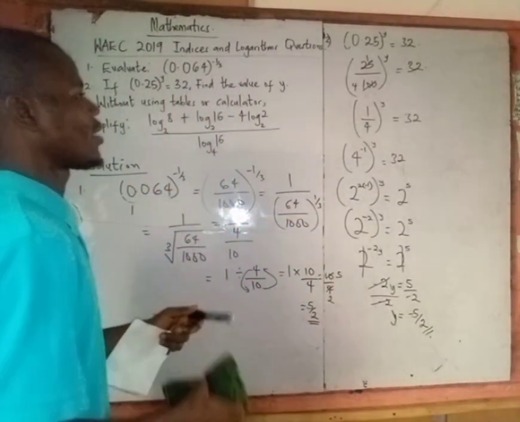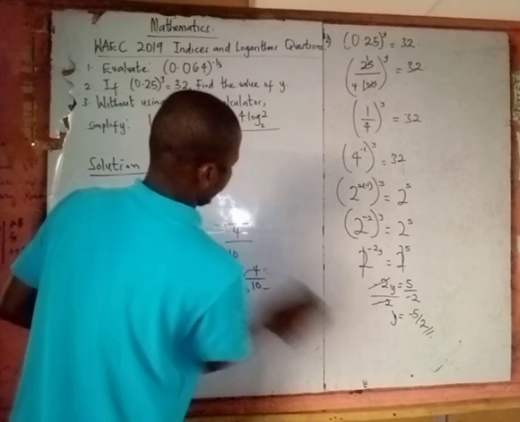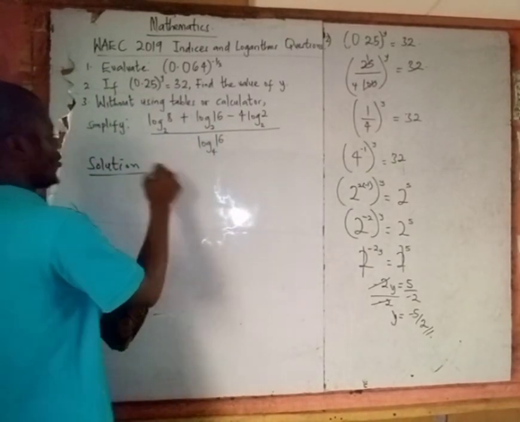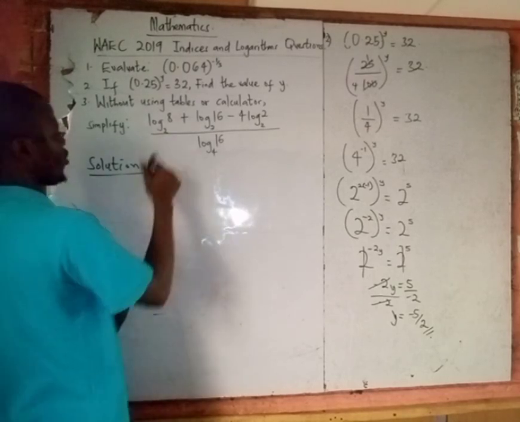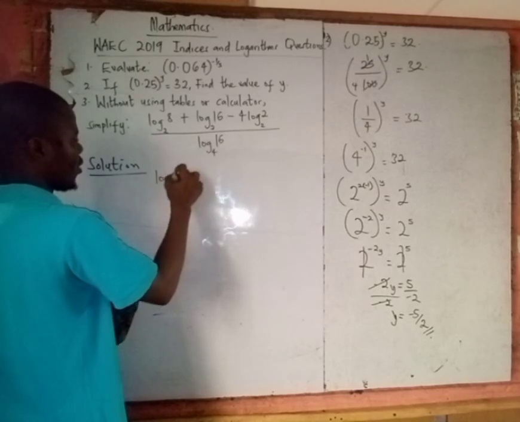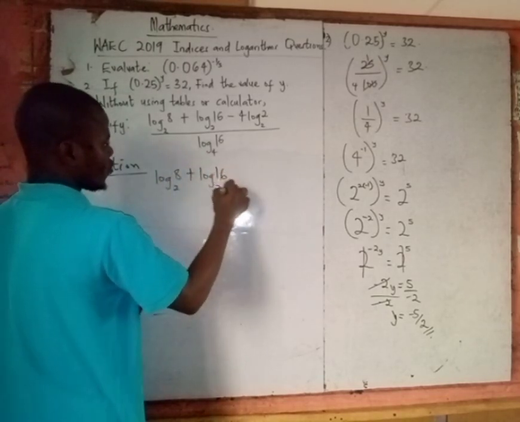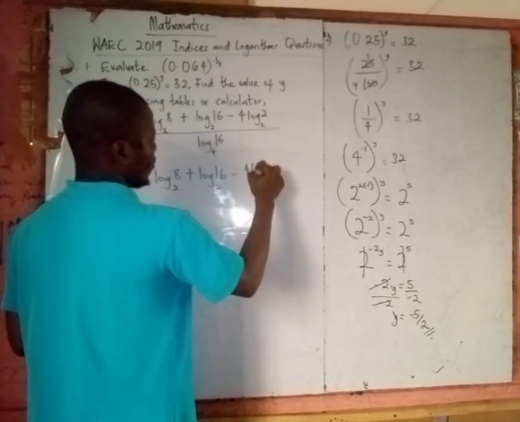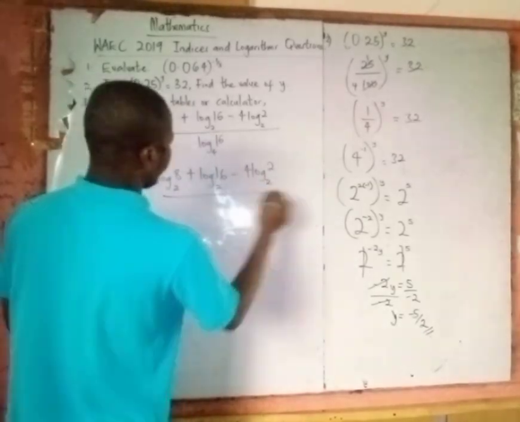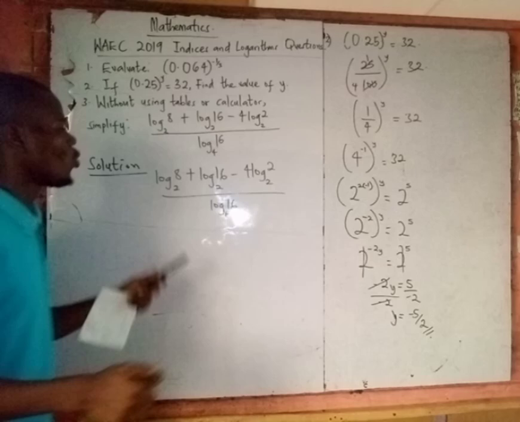For the last question here, you have log 8 to the base 2 plus log 8 to the base 2 minus 4 log 2, divided by log 6.